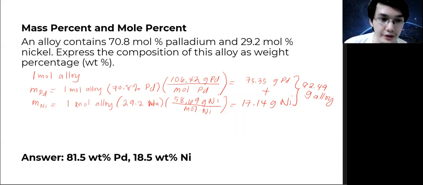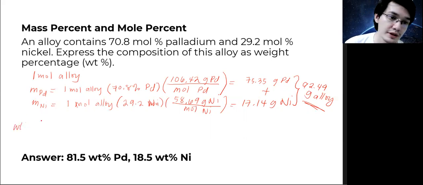So to convert mole percent to weight percent, we make use of this calculation. Then we will be using the total mass to calculate for the weight percentages of each element.